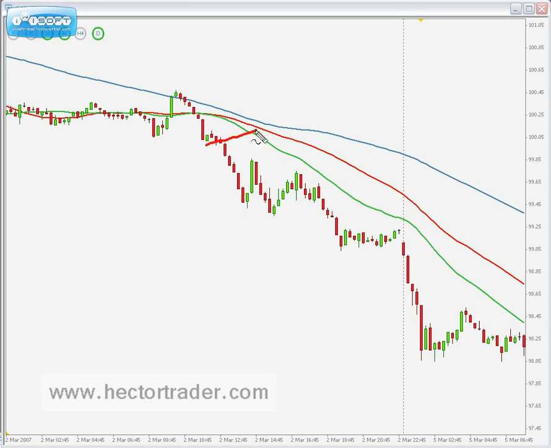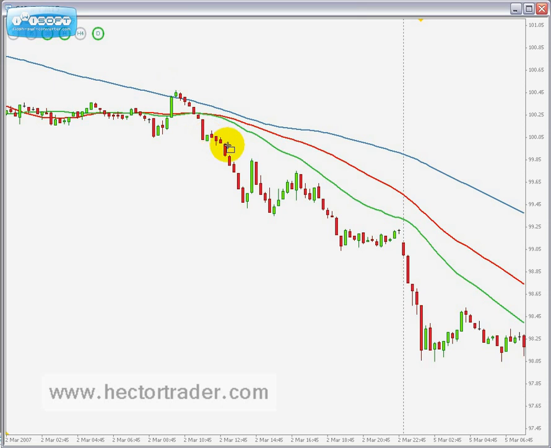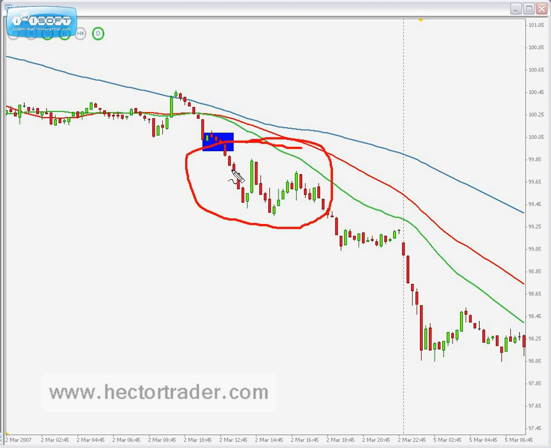From this moment on, let me mark that with a small rectangular shape, right there. That was my entry point. Actually, not that long after, about one or two hours later, I saw the price began consolidating sideways, forming a very clear price pattern.